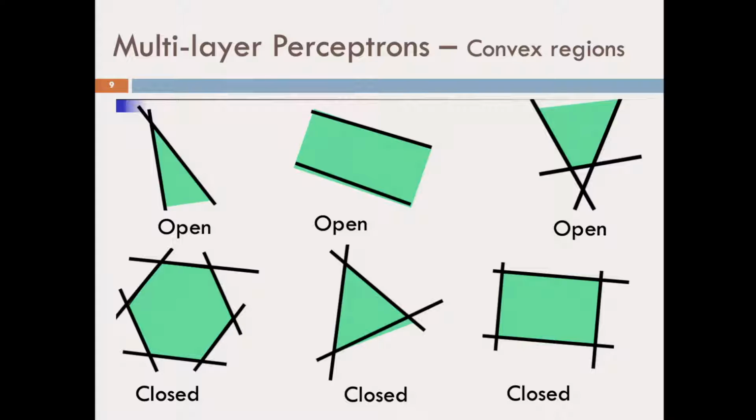So see, the first layer draws, for example, these straight lines here. The second layer combines these lines and makes 2 regions. With this, for example, we could solve the XOR problem. We have one point here, one other point here, and then you can separate the data.